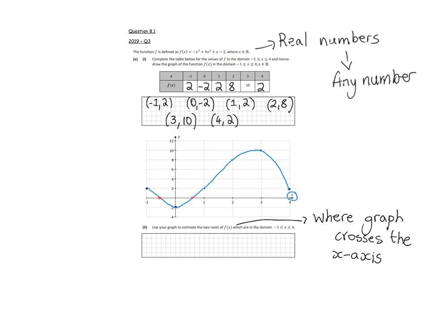So by my best estimation, that would be at x equal to -0.5 and x equal to +0.5. So that's this part of the question completely done, and I'm hoping that makes complete sense.